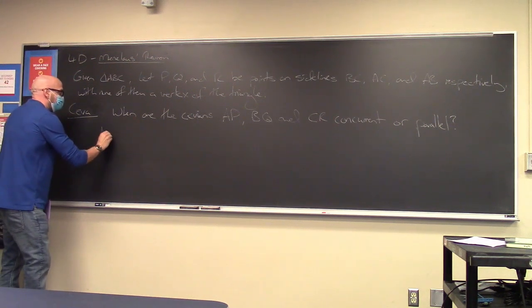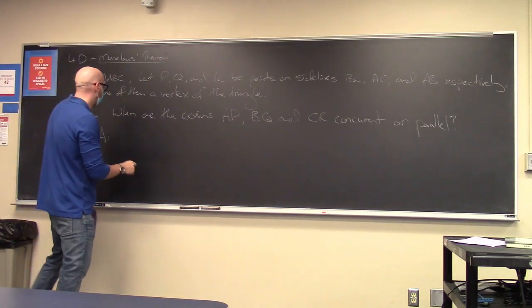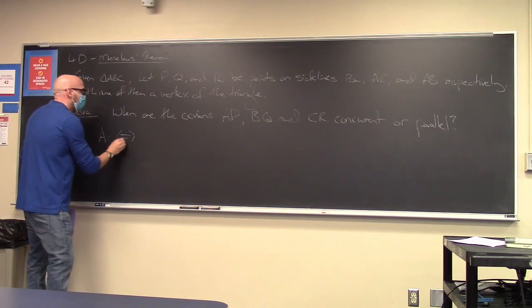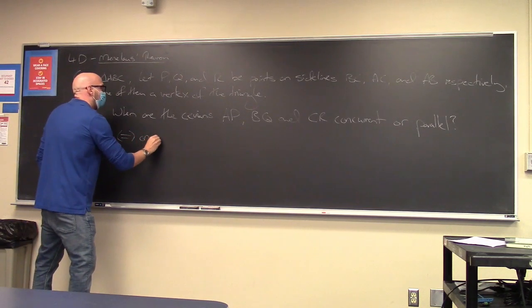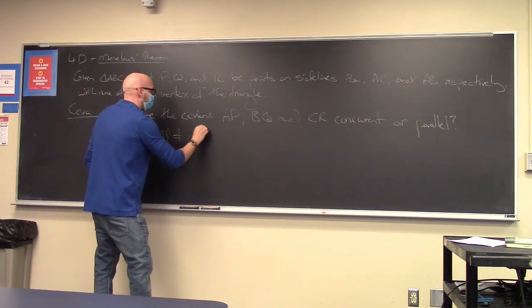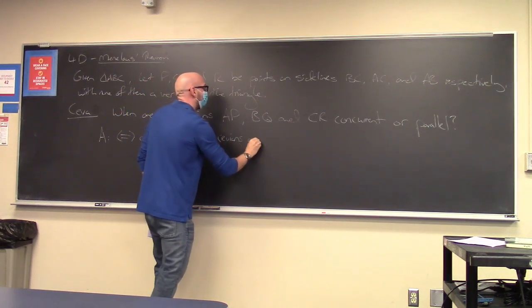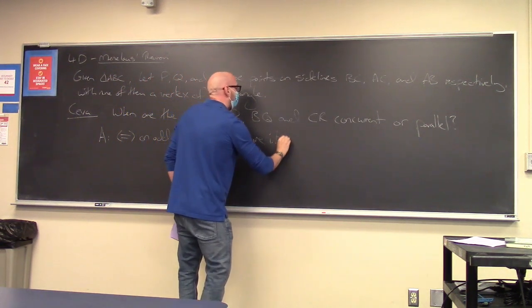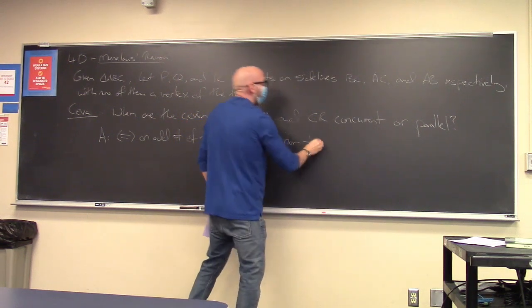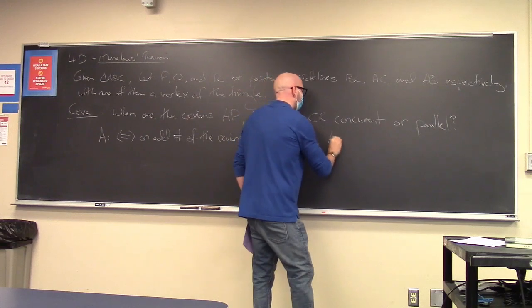We've talked a lot about Ceva's Theorem, so Ceva's Theorem gives us the answer, which is if and only if an odd number of the Cevians are interior, and the Cevian product is trivial. Right, and what is it?